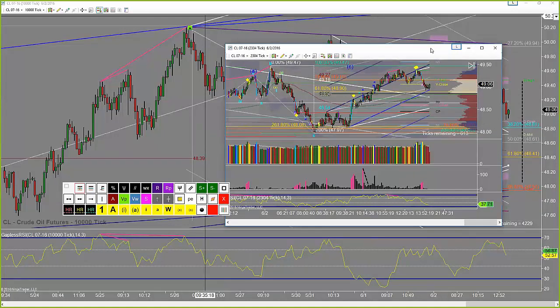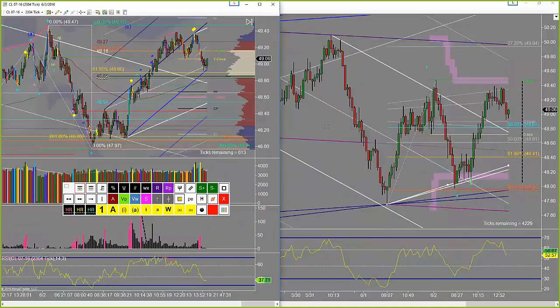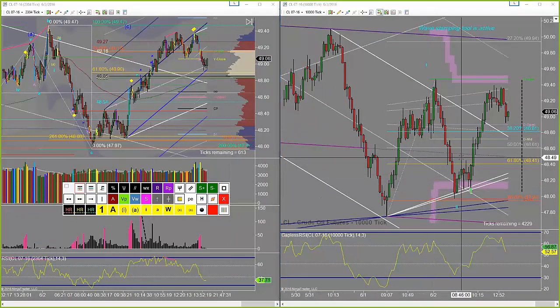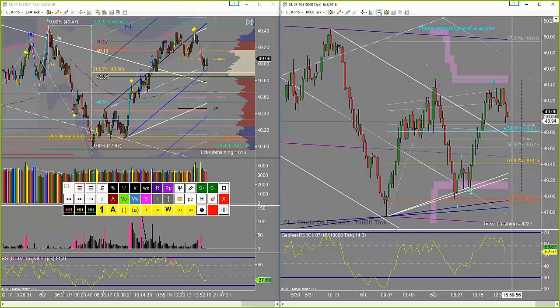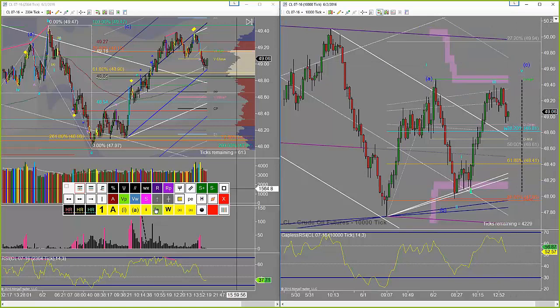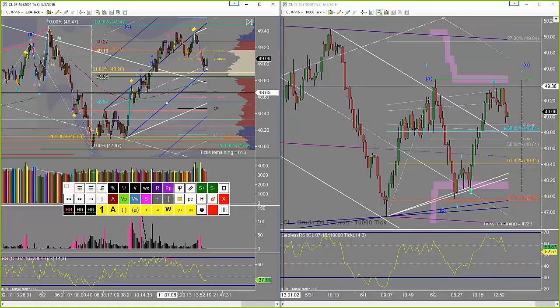So if this is one, two, three, four, and we're looking for the end of 5 for a big A, B, C, and then come down, we're looking for the end of that fourth wave to align with the channel and the median line from waves 1 to 3.